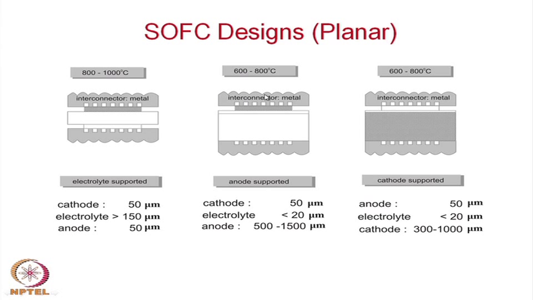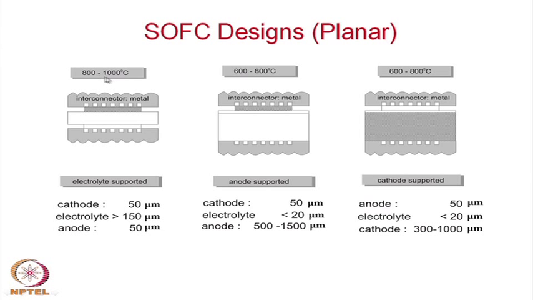This is one interconnect. In fact, because of the thin electrolyte used here, the operating temperature has come down. You can also notice the operating temperature here is higher because the electrolyte thickness is higher. So, to reduce the internal resistance, you have to heat it to a higher temperature.